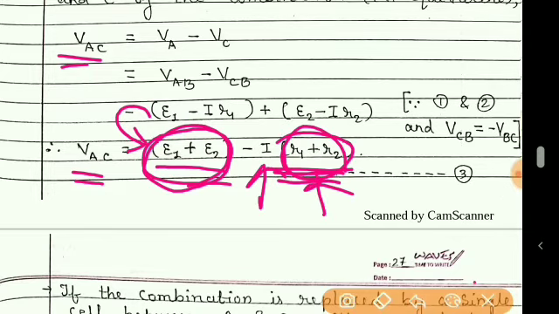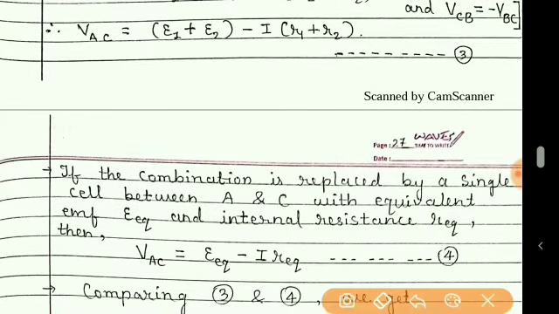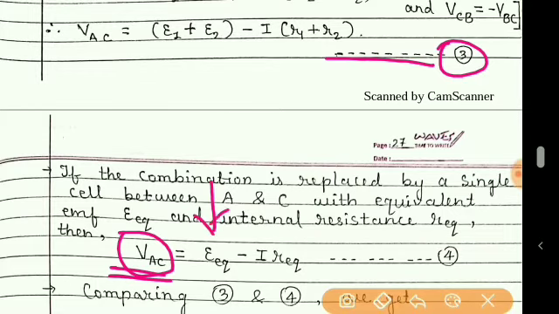Now students, if we compare this equation with the standard equation, that is VAC is equal to E equivalent minus I R equivalent, current flowing in series will be the same, so it is simply I.